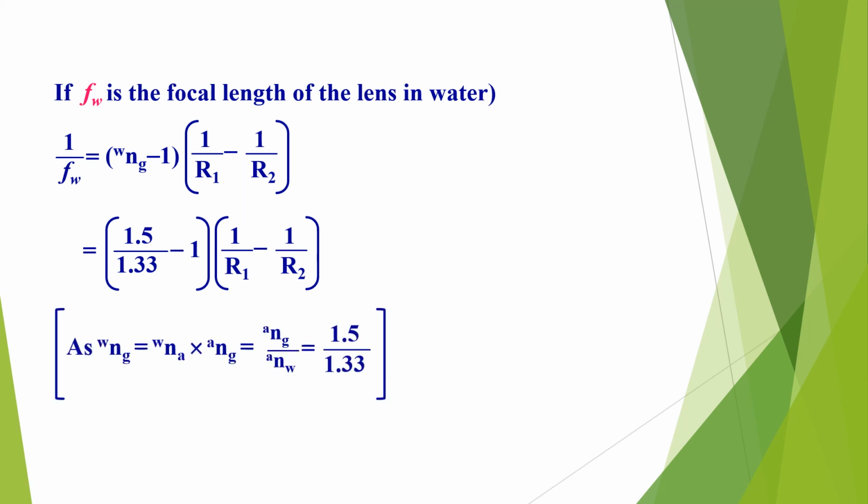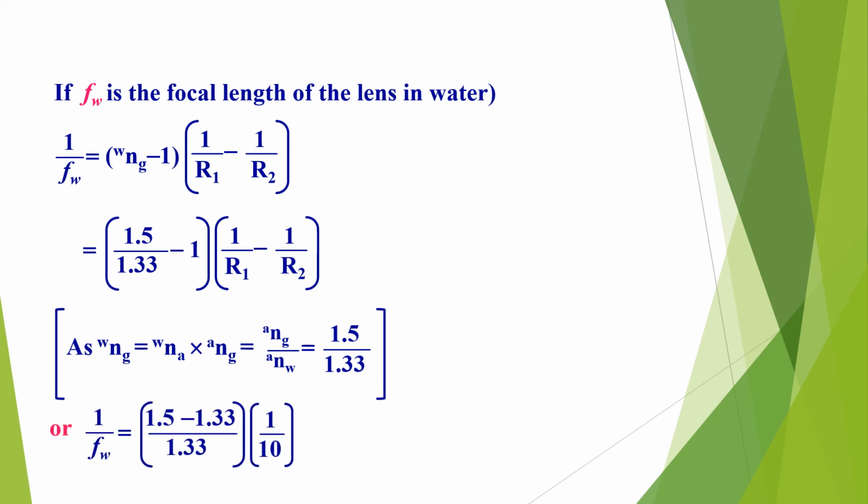The refractive index of glass with respect to water can be written as the refractive index of air with respect to water into the refractive index of glass with respect to air, that is equal to the refractive index of glass with respect to air divided by the refractive index of water with respect to air, that is equal to 1.5 divided by 1.33.